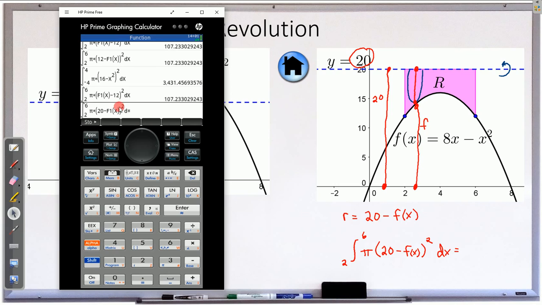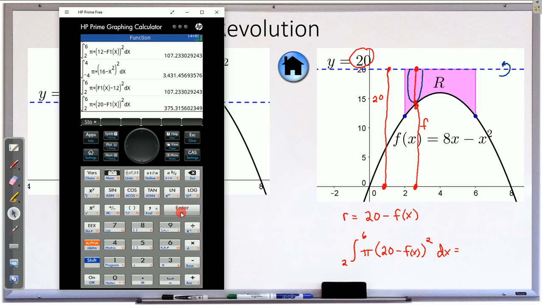So make sure you're squaring the whole thing, not just f1. Getting your parentheses straight is very important. dx, hit enter, and you've got your answer, 375.315.